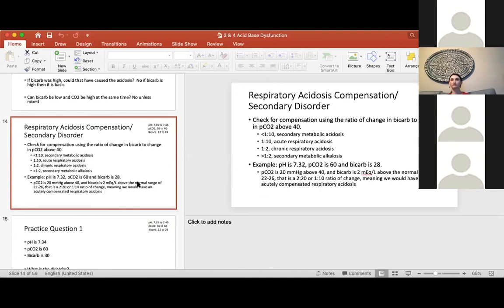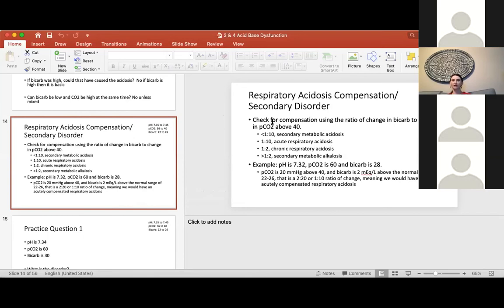I don't blame you. Okay, so for respiratory acidosis compensation, the secondary disorder, we're going to look at the compensation ratio. We look at the higher end of normal, 40, and at what the change in the bicarb is for a CO2 above 40. Our CO2 was 60.